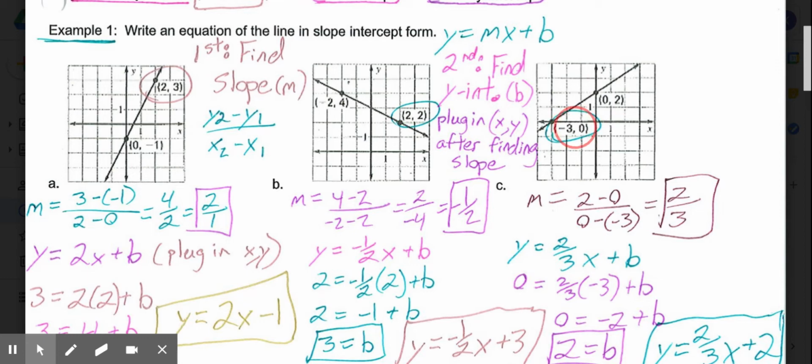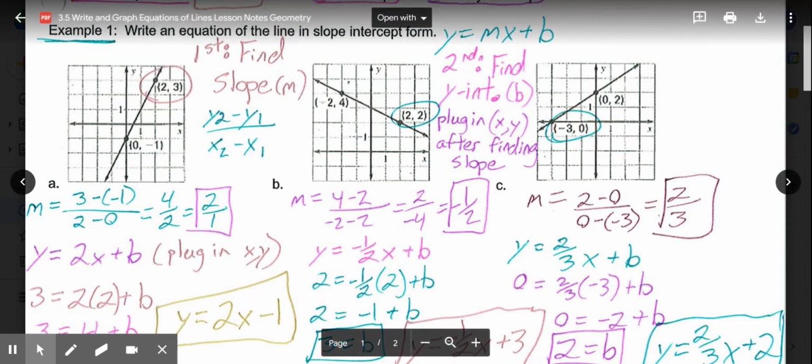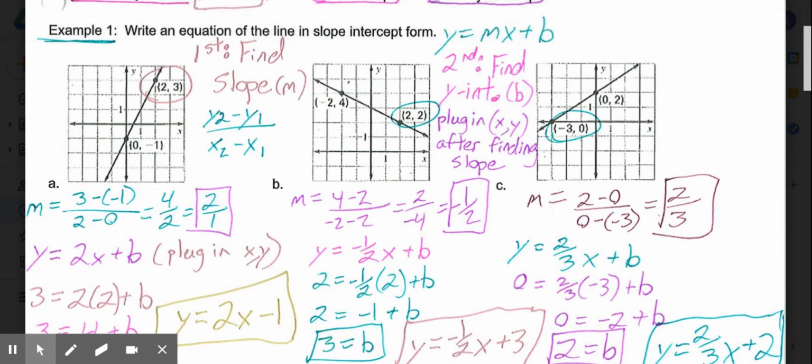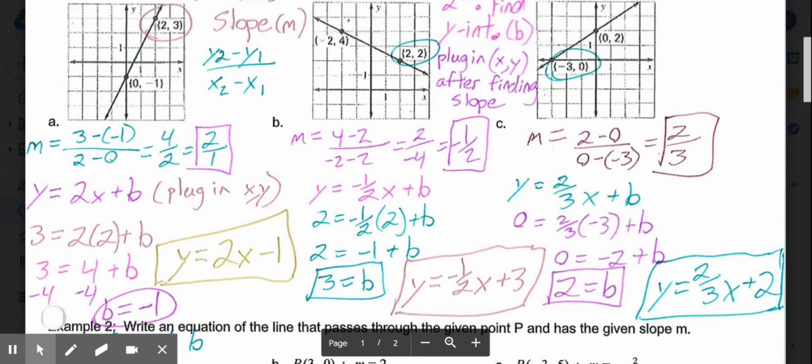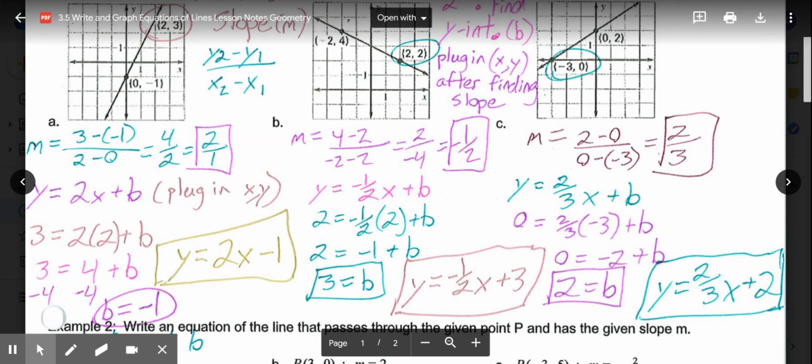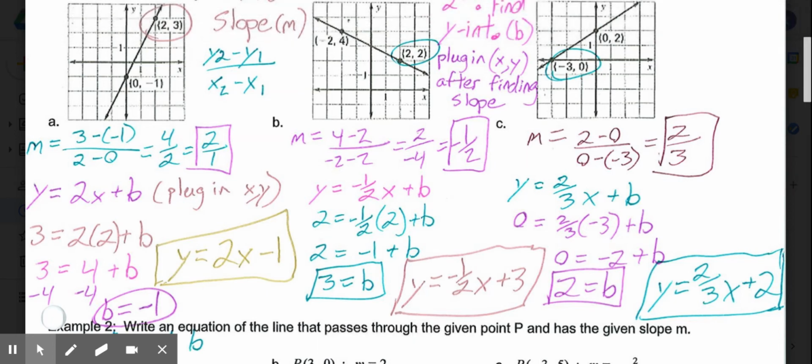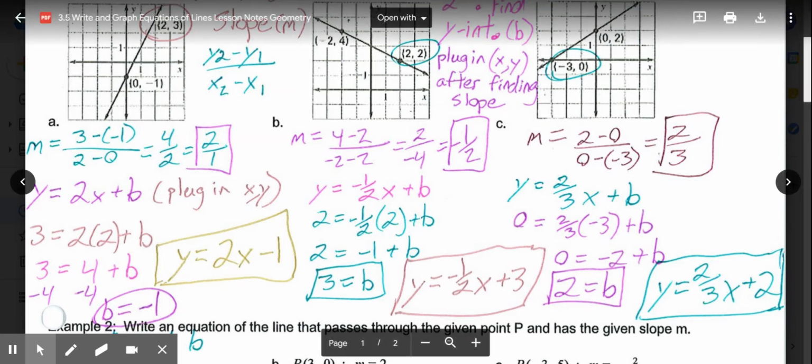So I'm using the negative 3, 0. So it becomes 0 equals 2/3 times negative 3 plus b. 0 equals a negative 2 plus b, so add the 2, and b would equal 2. So then I have a slope of 2/3, y-intercept of 2, so my equation is y equals 2/3 x plus 2.